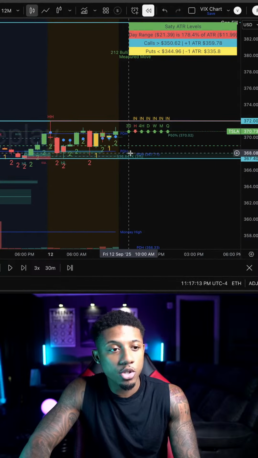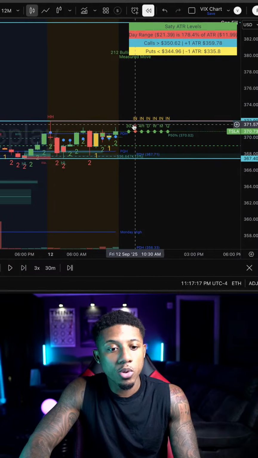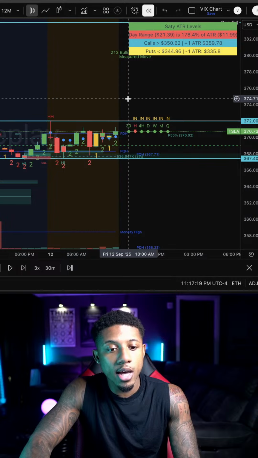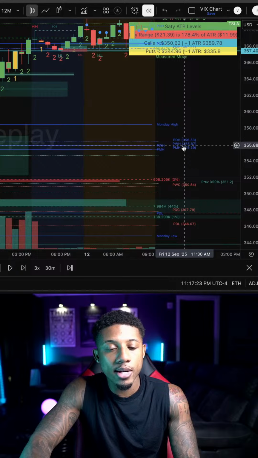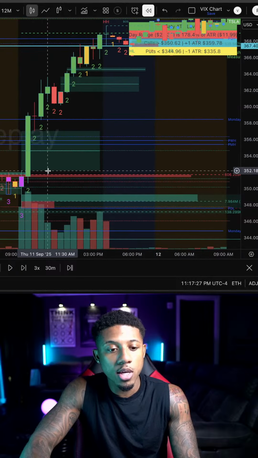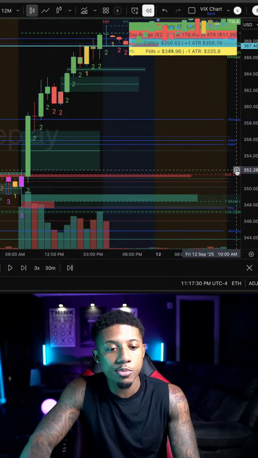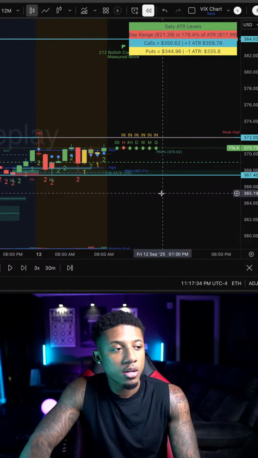I think we could potentially make a run. We've been consolidating in this range. So what you want to look for is a break above pre-market highs for a continuation from yesterday, or a breakdown below pre-market lows, and we could come back and fill this gap. And I always mark out my gaps because it's important to know where they are, right?